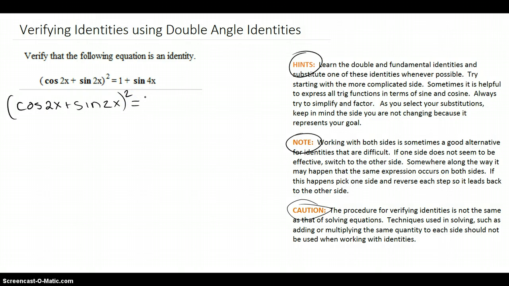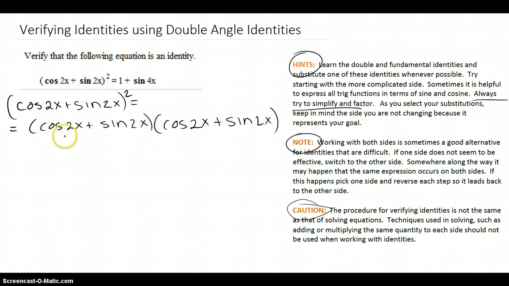Okay, so what are we going to do? Well, it says to always simplify and factor, so I see a square, so I'm going to think of simplifying, and I'm going to go for a FOIL. So I know that this is the same as cosine 2x plus sine 2x multiplied by the same quantity, cosine 2x plus sine of 2x.